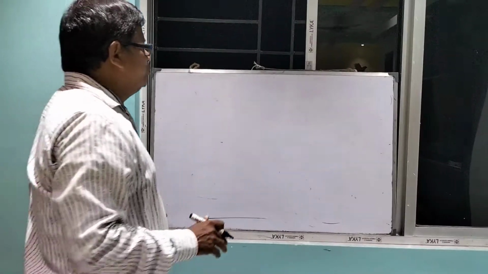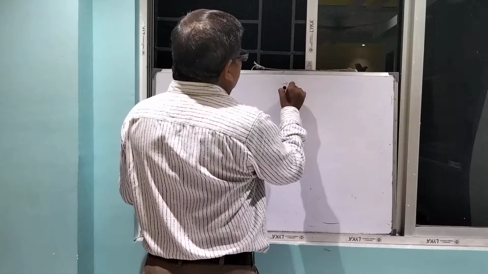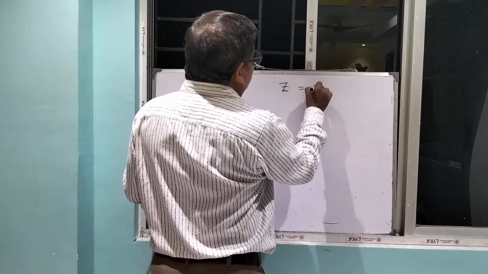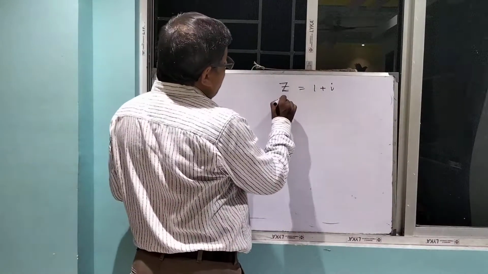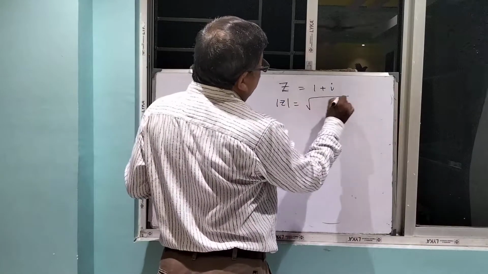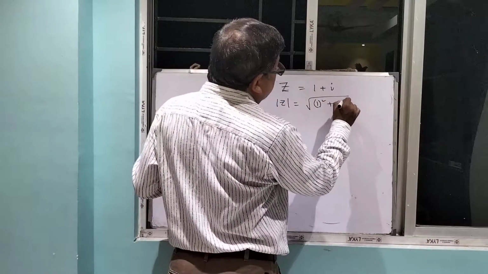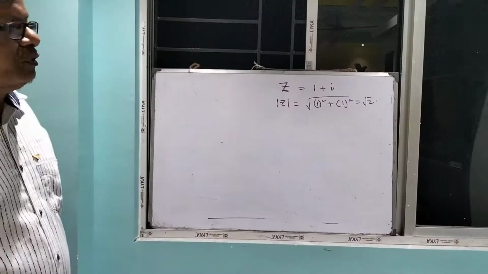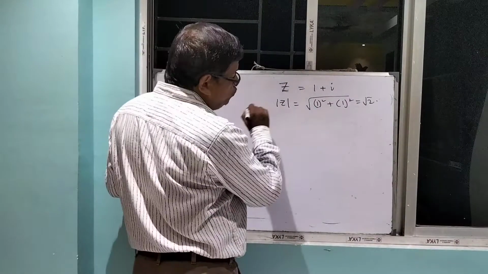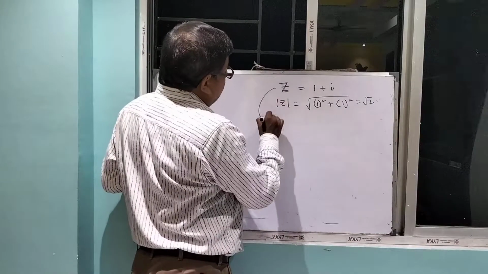See, suppose z equal to 1 plus i is given, then mod z will be root under 1 square plus 1 square, that is equal to root 2. Now amplitude of z.